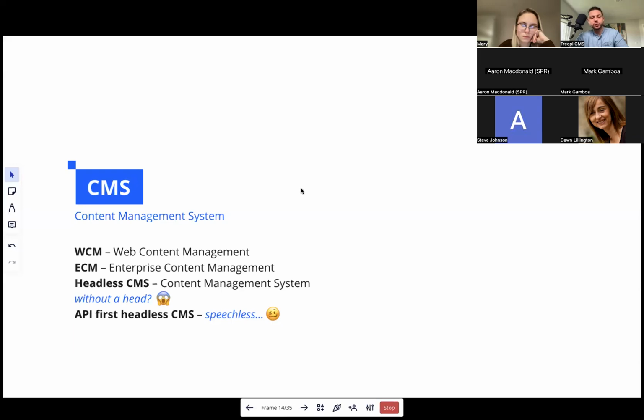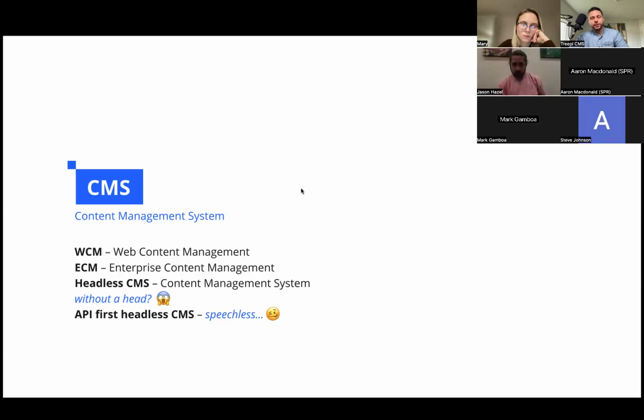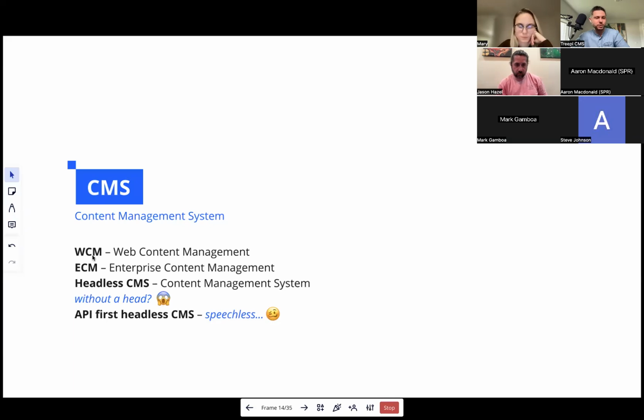So when we were looking through the solutions, we noticed that companies try to avoid this term now, and they try to create new terms. One of them is WCM, web content management, then enterprise content management, then headless CMS, which is not the easiest term to sell to your customers because it's something without a head.